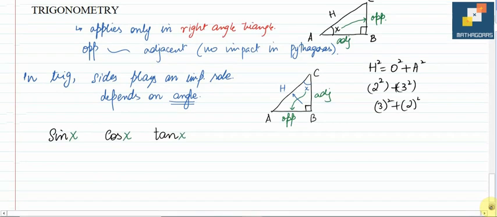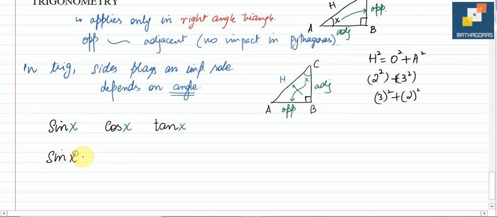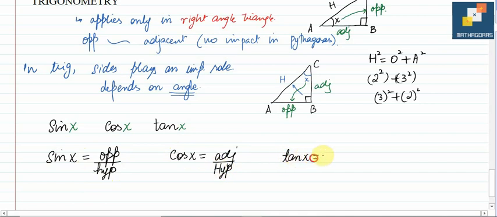Now we talk about what the working formulas are. If we talk about sine theta, sine says it's opposite divided by hypotenuse, right? That is the working formula of sine. Cos says it's adjacent divided by hypotenuse, and tan says it's opposite divided by adjacent.